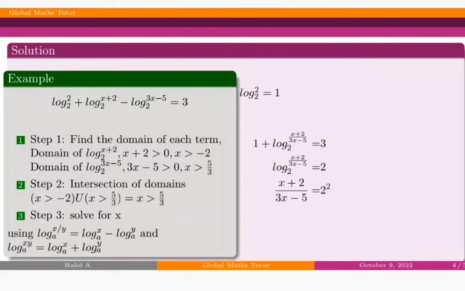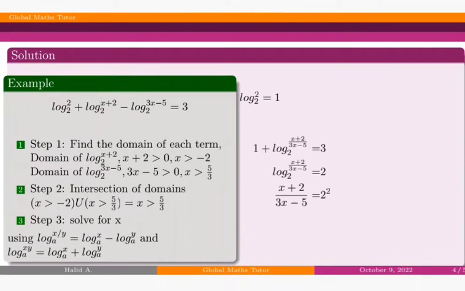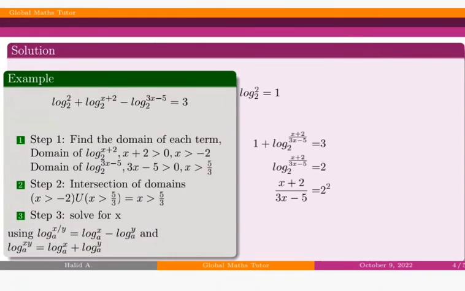So we can simplify this term to 1, and these two terms can be expressed as a single term using the quotient rule, as logarithm of x plus 2 over 3x minus 5 to the base 2, equal to 3.